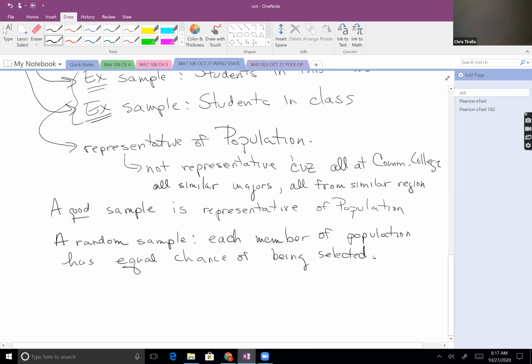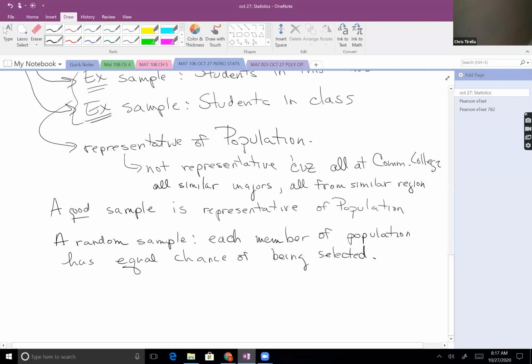And then from each of those colleges, put all the students' names in a hat, and from each campus maybe pull out like 100 students, and it would be random, and it would be representative of all of the regions of the country and all of the different types of campuses in the country.